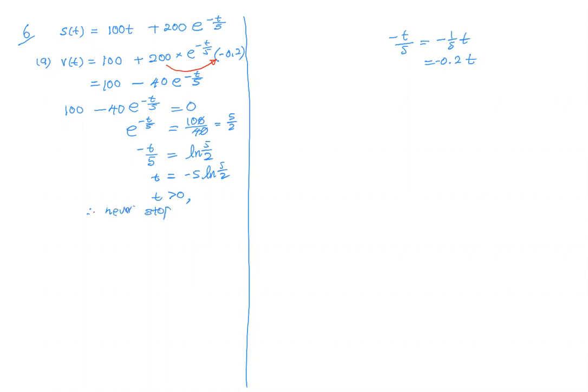So sometimes you have to be very careful. It never stop. So if you plot this graph, I believe this graph, it go. Okay, I have to work it out. Yeah, so it never stop. So my VT sign diagram, how is it like? Is it always positive?